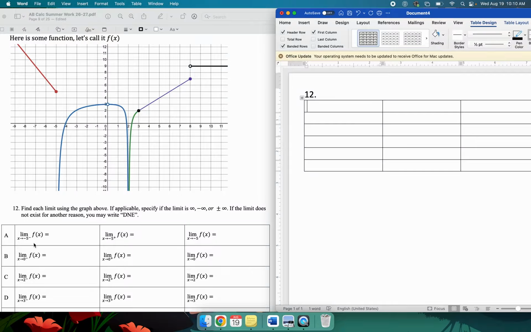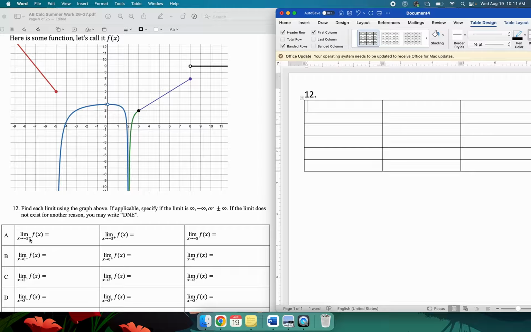You need to pay attention to the little symbol, if there is one, sitting above the value that x is approaching. So in this very first problem, you can see that x is approaching -5, and then there's this minus sign. That minus sign indicates that you're thinking about what's happening to the function as x approaches -5 from the left.